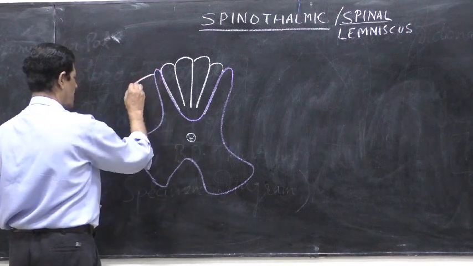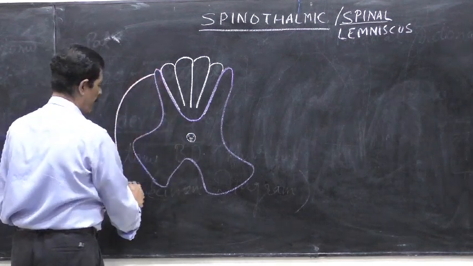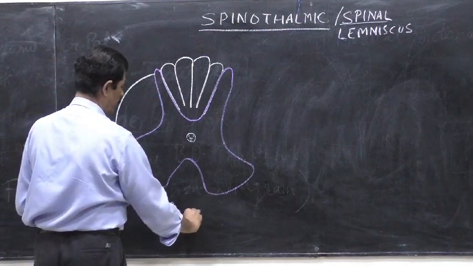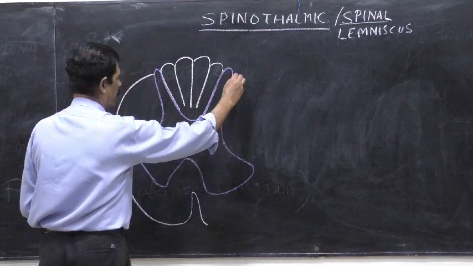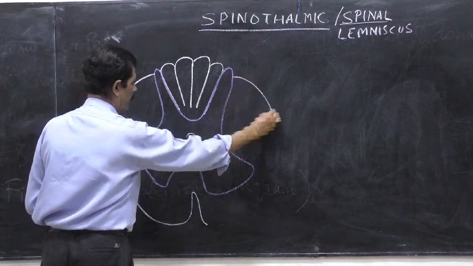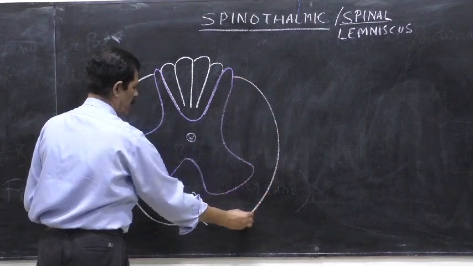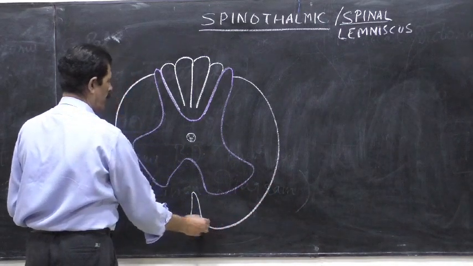And this is the line showing the lateral column, the anterior column or funiculus, and the bilateral symmetrical part. This is how to make the diagram first of all.